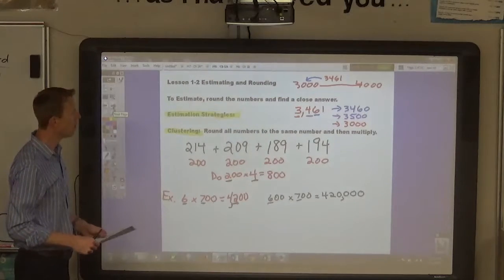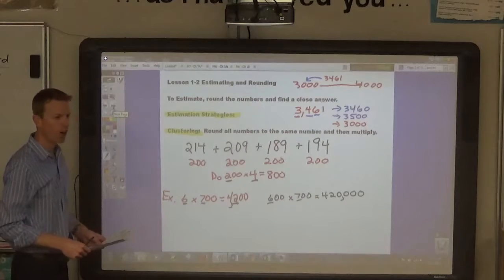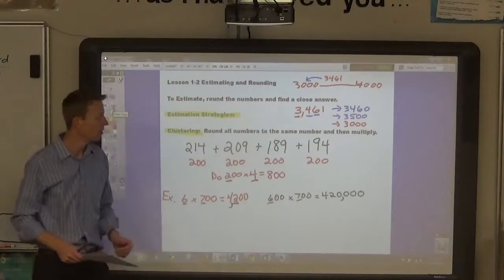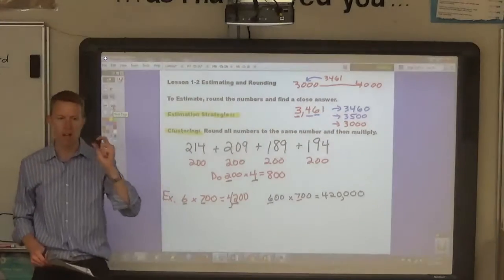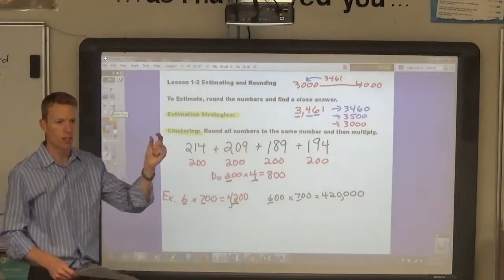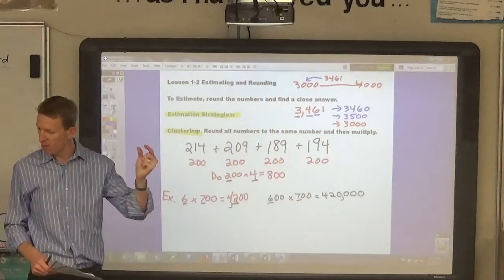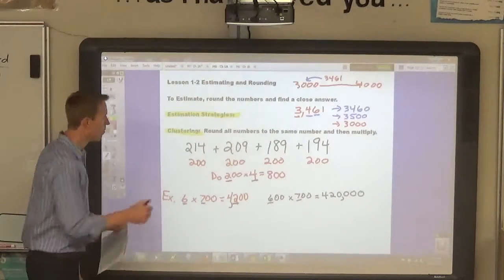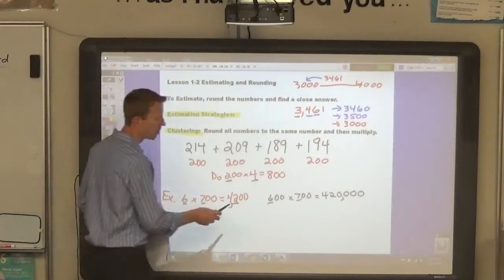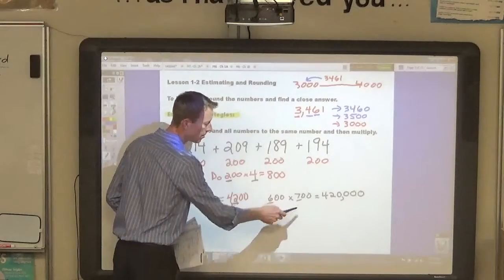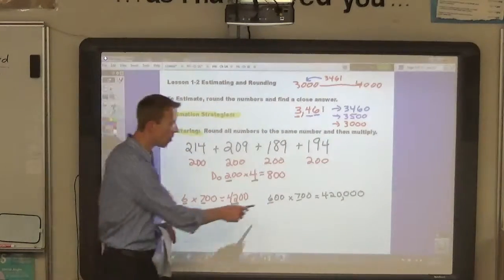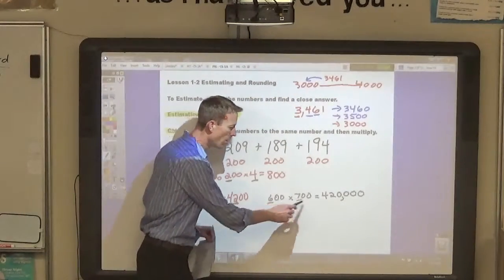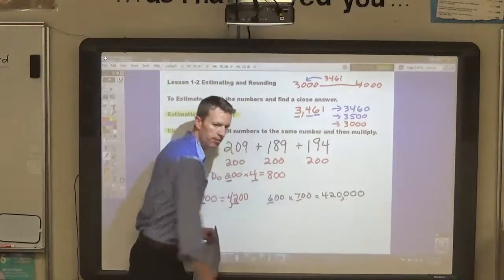Now we talked about rounding numbers, front-end estimation. So using the front of the number, rounding it to a digit that we can easily add or subtract or multiply. When you're multiplying and estimating, you multiply the digits and then put all the zeros in the answer.